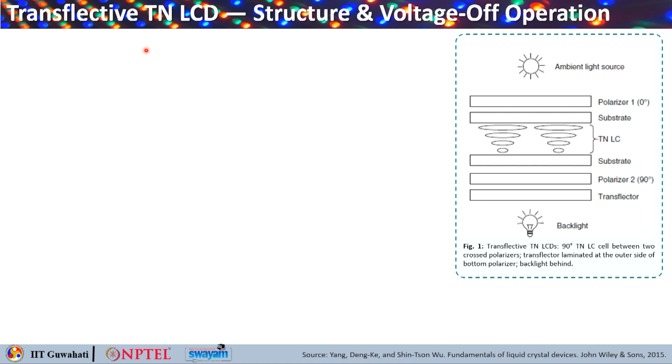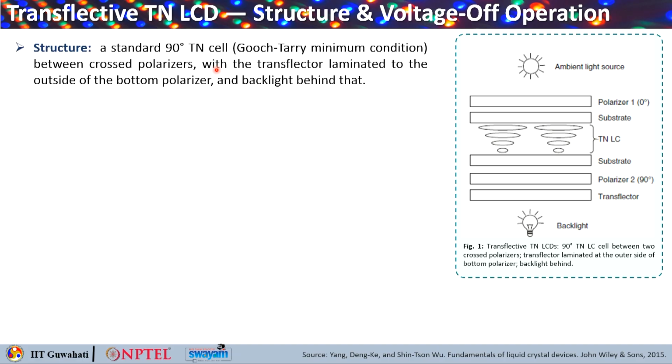So let us look into the transreflective twisted nematic LCD, the structure and the voltage of operation. So here is the structure, as you can see here in this transreflective twisted nematic LCD. There is this 90-degree twisted nematic liquid crystal cell placed between two cross polarizers. So there are substrates, and then you have this polarizer 1 which is 0 degree and the polarizer 2 which is 90 degrees.